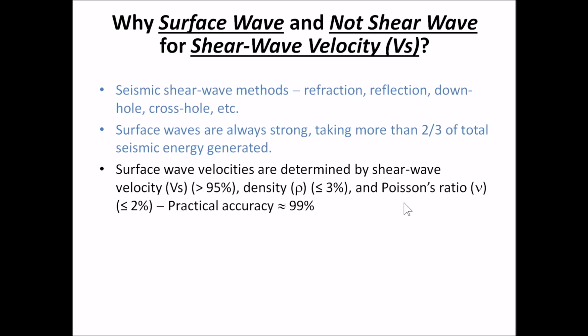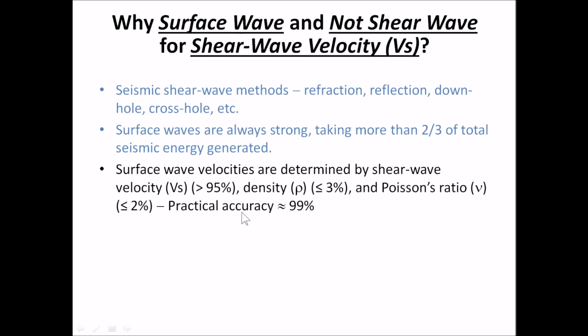Then how are surface waves related to the shear wave velocity? The surface wave velocities are determined by 3 parameters. The first parameter is the shear wave velocity that contributes more than 95%. And the second factor is density, which contributes about 3%. And the last factor is Poisson's ratio, which contributes about 2%.